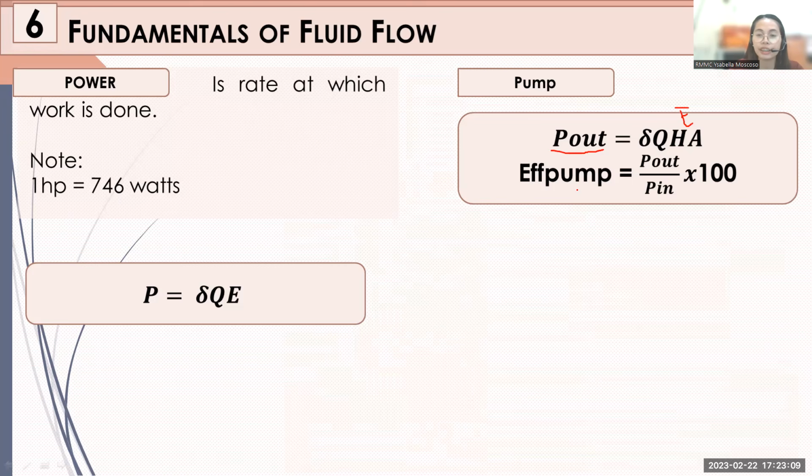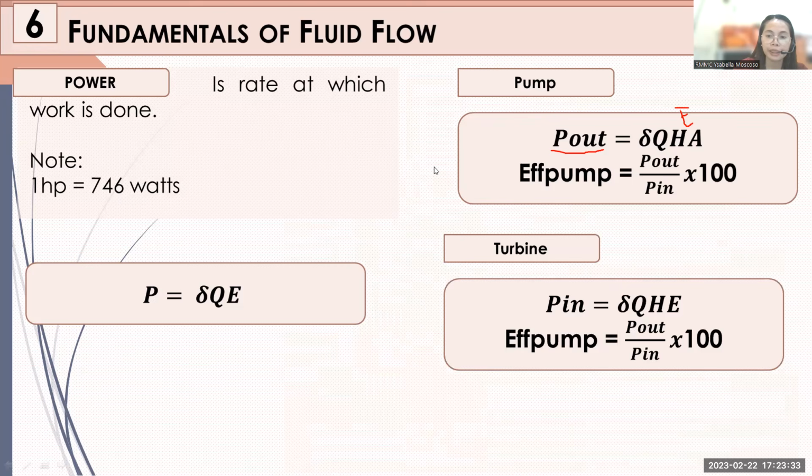Okay? You have here the efficiency of your pump, no? Yung usefulness ng pump ninyo, that is a formula of power out divided by the P in times 100. So always remember, pag pump, output power ang binibigay nito. And that is in a formula of gamma Q H A.